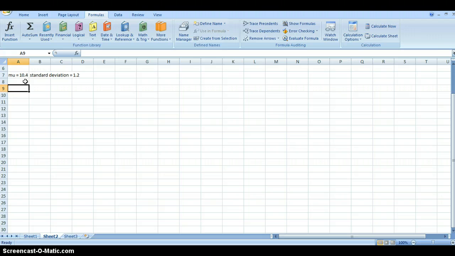Okay, so if I want the probability that x is less than 4.5, and we're assuming, again, this is a problem with normal distribution, I guess I could put that up here at the top for you.